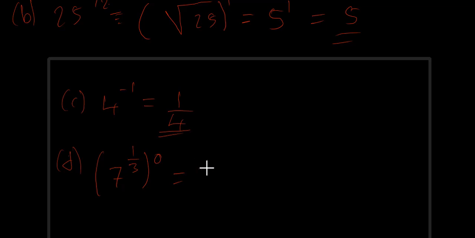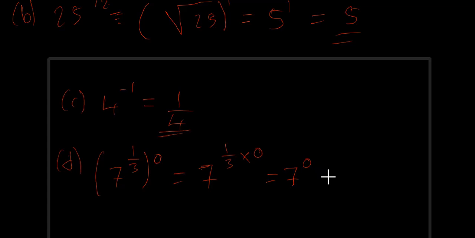This is 7 to the power 1 over 3 multiplied by 0, which is going to be 0.